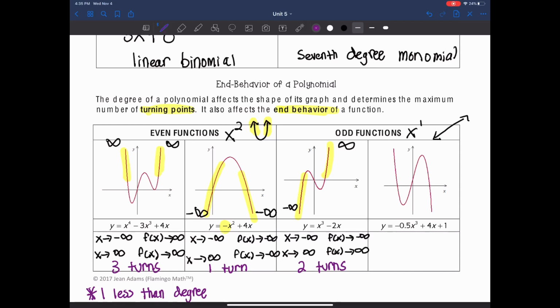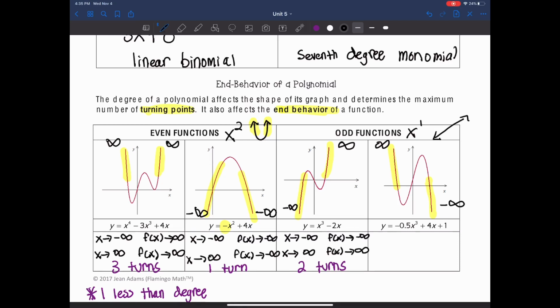Last but not least, let's look at a negative leading coefficient. So what if we had an odd function that has a negative leading coefficient, like negative 0.5x cubed plus 4x plus 1? Well, if you take a look at this graph, it's just flipped from the other graph. As we go to the left, your graph is approaching positive infinity. As we go to the right, your graph is approaching negative infinity.